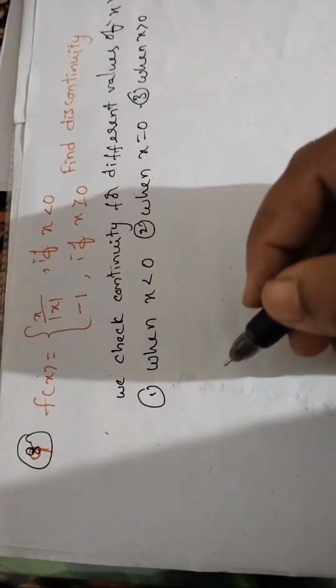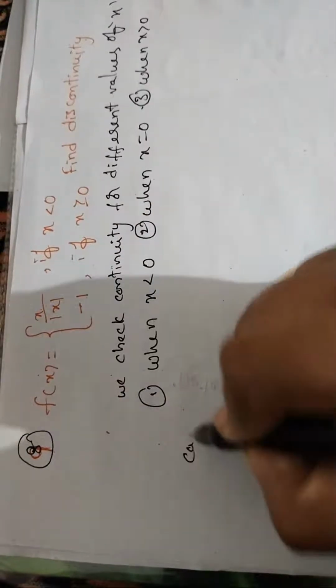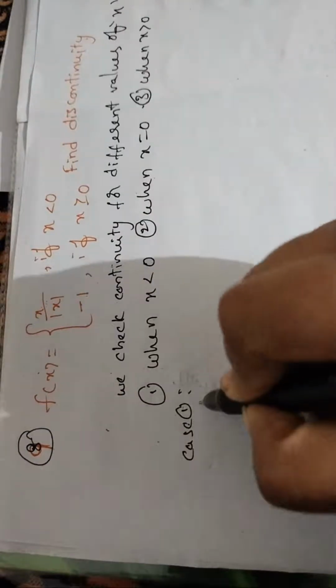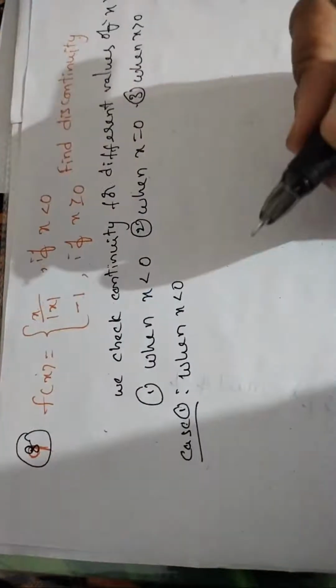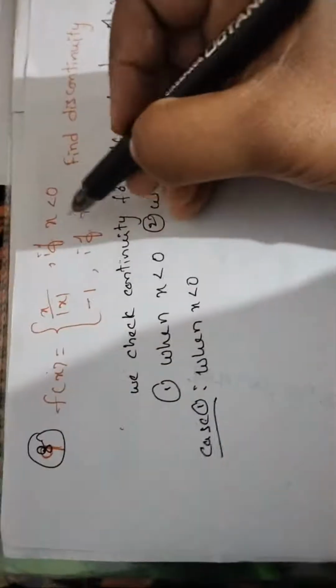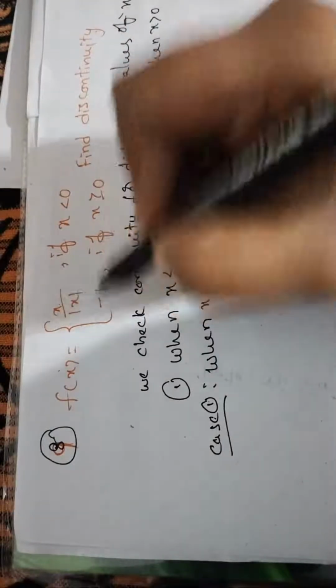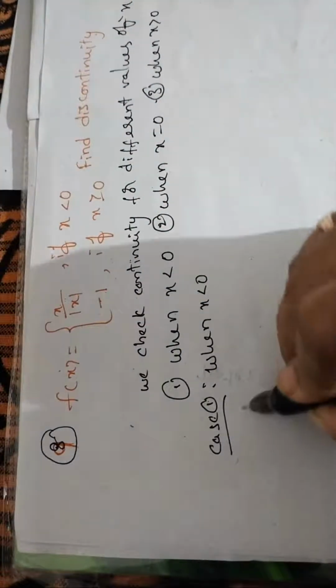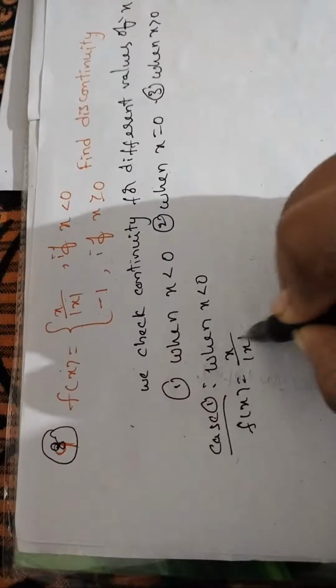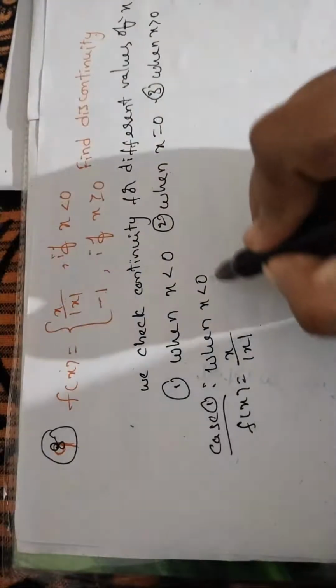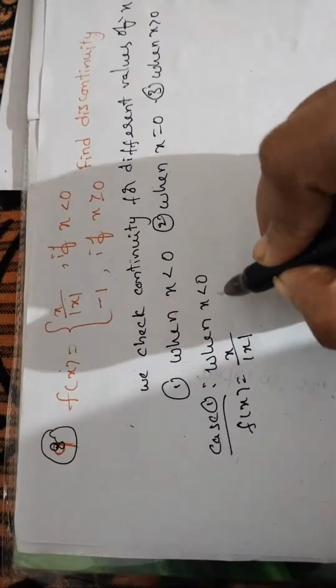So I will select the first case, case 1. When x less than 0, what is the function? That is x by mod x. So f of x is equals to x by mod x. So it is less than 0. Less than 0 means negative.